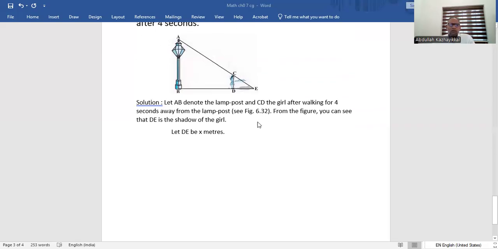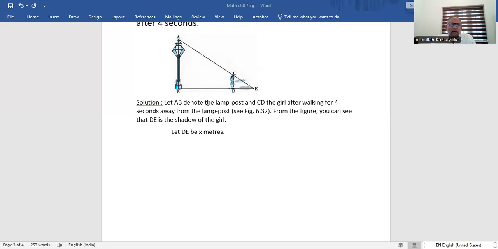Correct? Now, let AB denote the lamp post and CD the height of the girl. CD is the girl. After walking some seconds away from the lamp post, this is a figure. From the figure, you can see that DE is the shadow of the girl. This is the shadow.